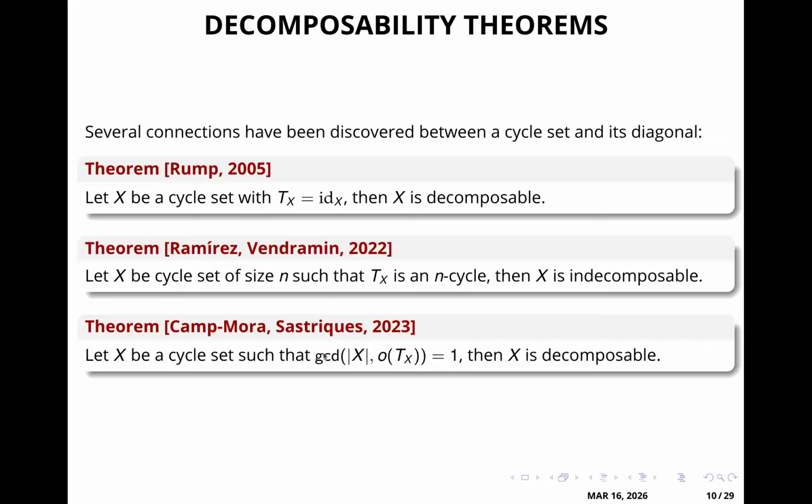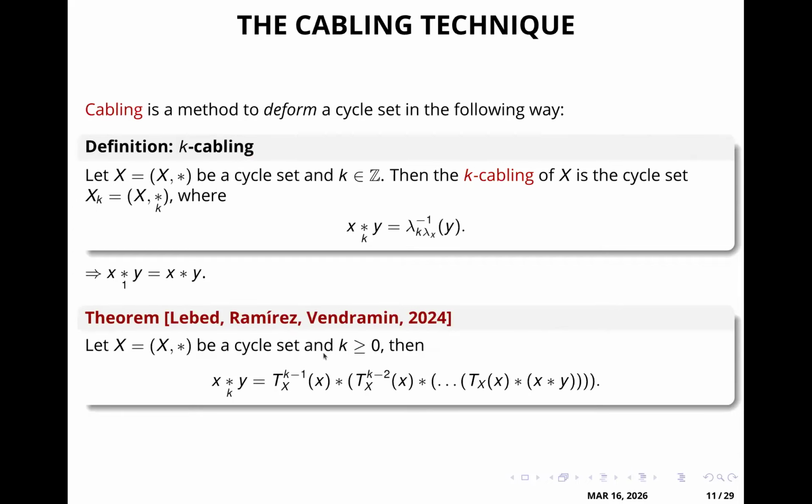So what is the cabling technique? The cabling technique essentially is a technique that deforms cycle sets. Namely, if we are given a cycle set, then we replace the multiplication in our cycle set by the operation lambda inverse of k lambda x of y.